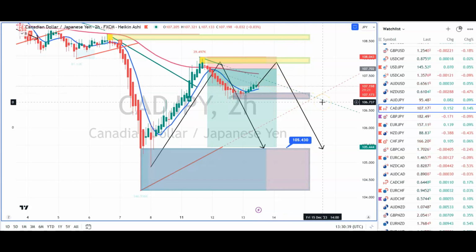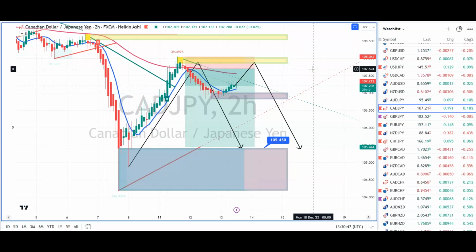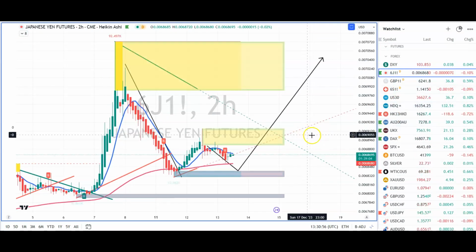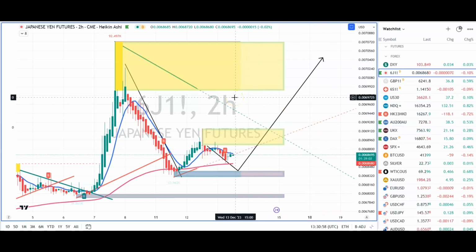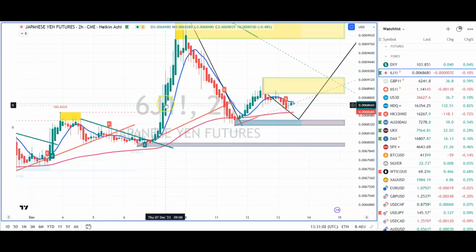The other thing to bear in mind when you are trading is to look at the parabolic trend plus the correlation as well. The yens, as an example, correspond with the yen futures. When the yen futures are going up, that is the time when all the yens will be going down.